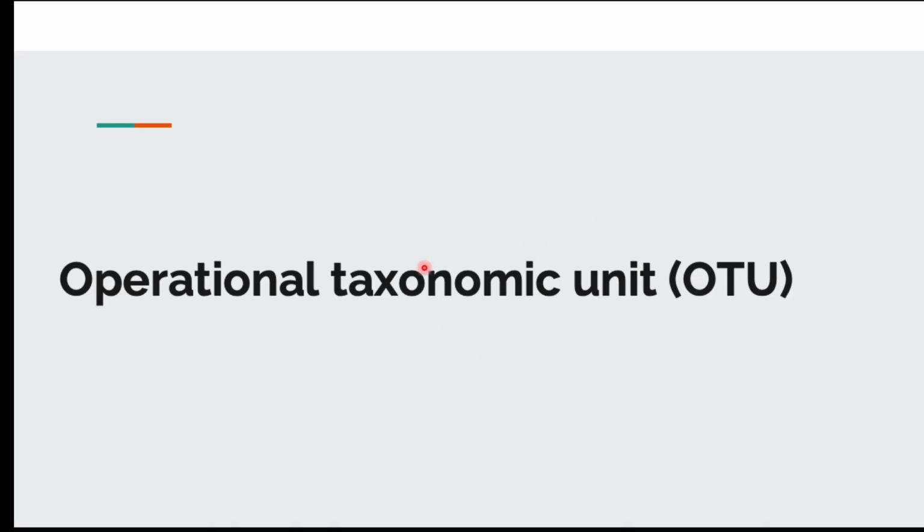Sometimes you need to consider them as a group. So operational taxonomic unit is a technical term that describes a group of genomes where we cannot distinguish them. We have to group them as a unit. So we just say that this is our operational unit of the taxonomy. We don't have a better way of describing them.